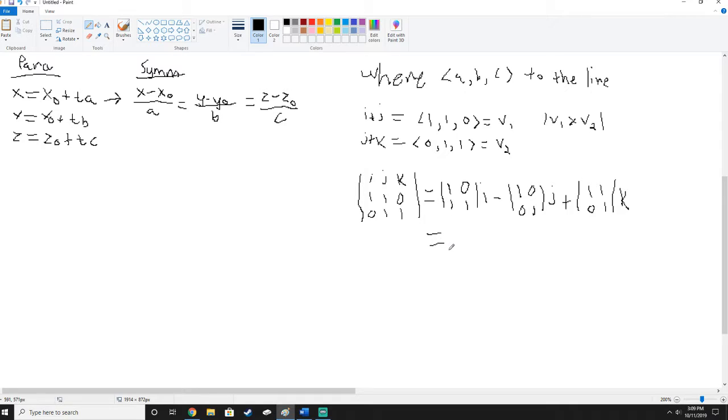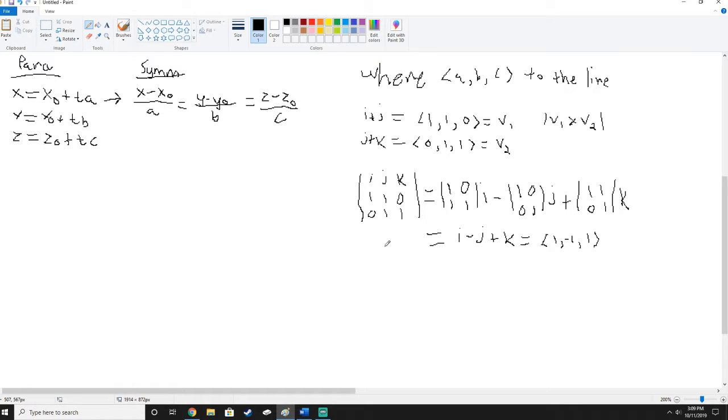After doing our algebra, we should come out with i minus j plus k, in which our vector coordinates can be written as (1, -1, 1). And using these vector coordinates, we can then find our parametric and symmetric equations.